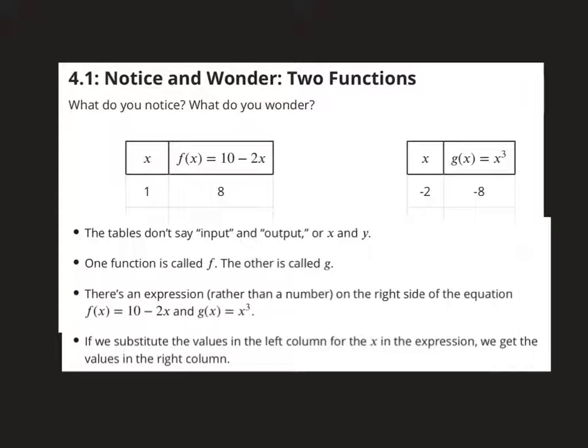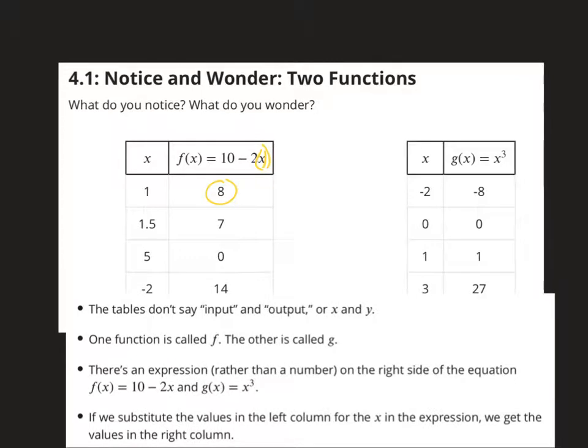And what we know is if we substitute the x values of the left column into the expression, we'll get the right column. What I mean is if you put 1 into the x value right here, we could say 10 minus 2 times 1, well, 2 times 1 is 2, and 10 minus 2 is 8. What happens if we move down the column and we use, say, 5 as the input?